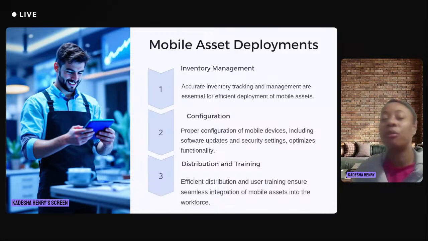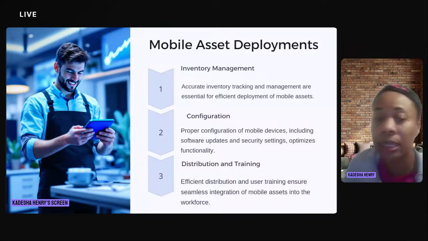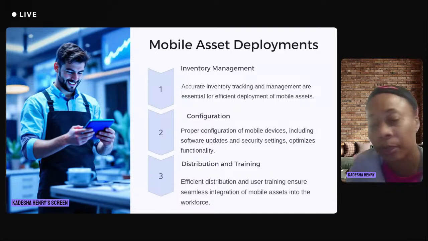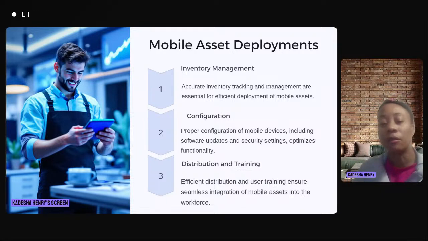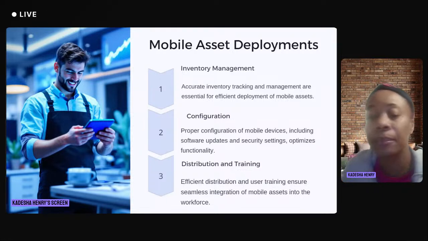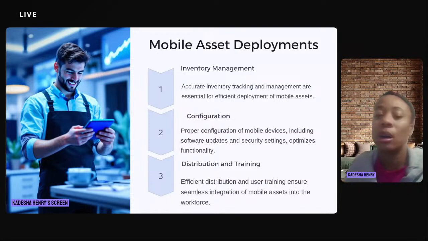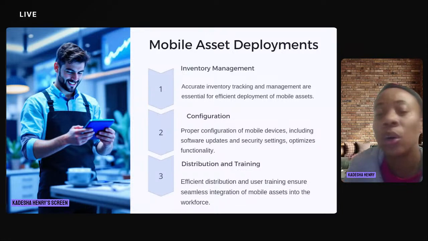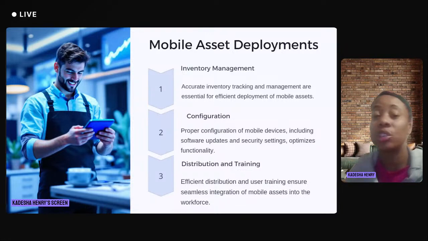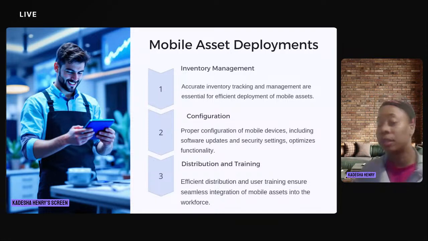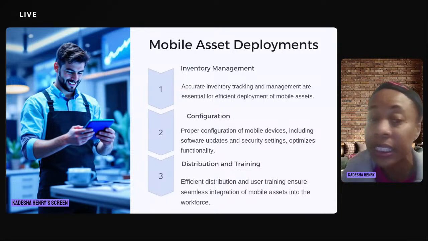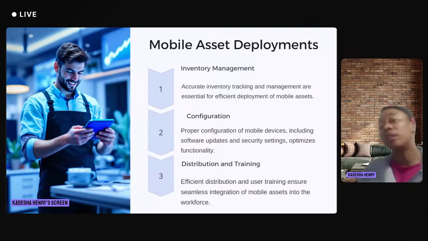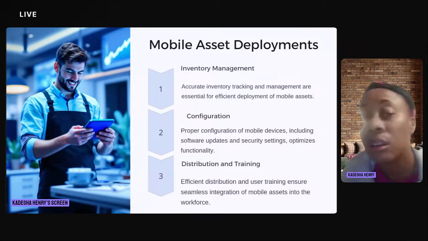And before we deploy these mobile assets, we have to look at configuration, proper configuration of the mobile devices, including the software updates, security settings, optimizing functionality. So when we talk about proper configuration of the mobile devices, software update, that means when there are updates to the software, it should be able to be done remotely, or there has to be a system in place so that these devices are updated, because these are what the employees are using within the organization.